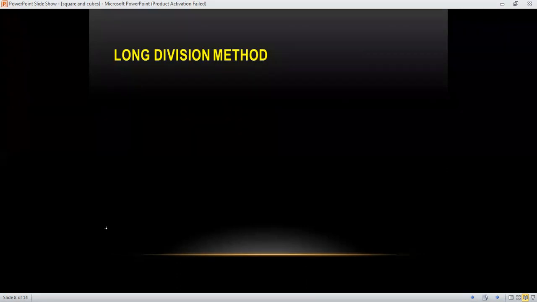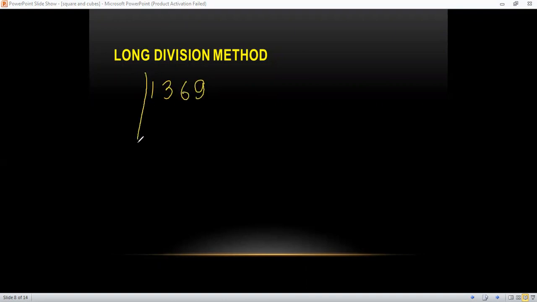So I'm going to take a few examples. 1369. I will find the square root by using the long division method. The number which I take over here, a similar number I'm going to write here also.